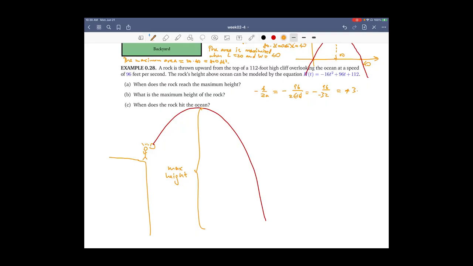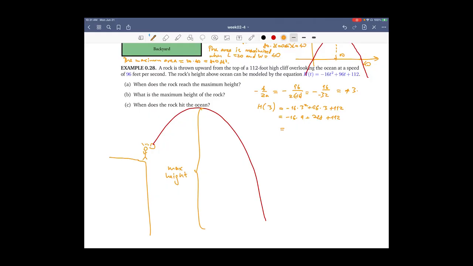So to find the maximum height, we compute simply h of 3. So when you do this computation, it will be negative 16 times 9 plus 96 times 3.